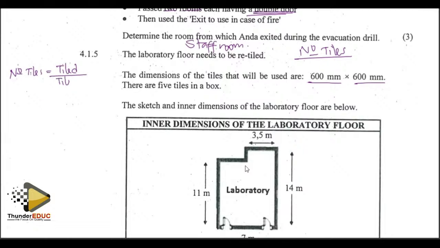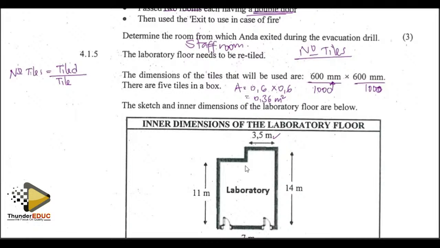The measurements here are in meters. The tiles are in millimeters. What are you going to do? Change these measurements to meters, in that the area of one tile will be 0.6 times 0.6, which is 0.36. Now these are meters what? Squared. Area of only one tile is going to be that much.